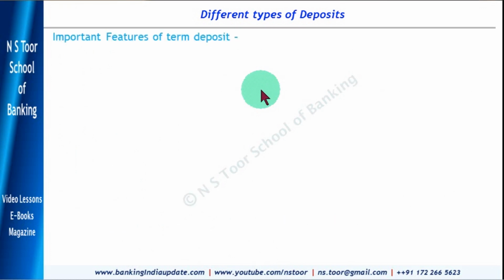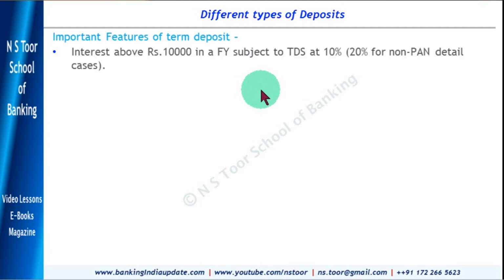After demand deposits, let us now see the features of term deposits. The first feature of a term deposit is that whenever interest is above rupees 10,000 in a financial year, the banks are supposed to deduct tax at source.